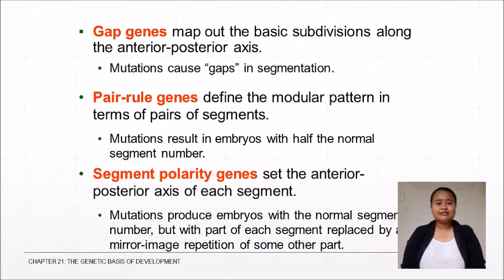The segment polarity gene sets the posterior-anterior axes of each segment. Mutation in this gene will result in a normal number of segments in the embryo, but with part of each segment being replaced with a mirror image repetition of some other parts.